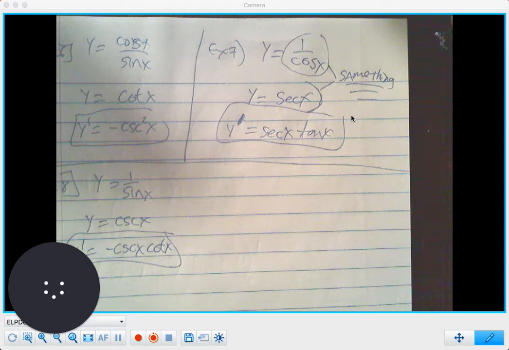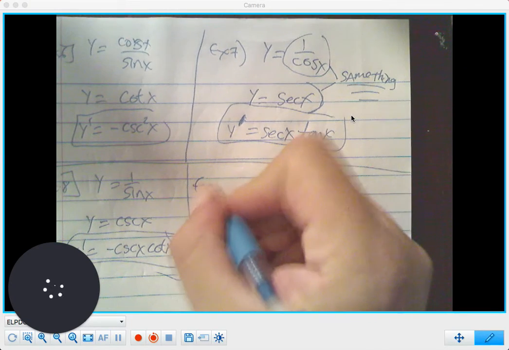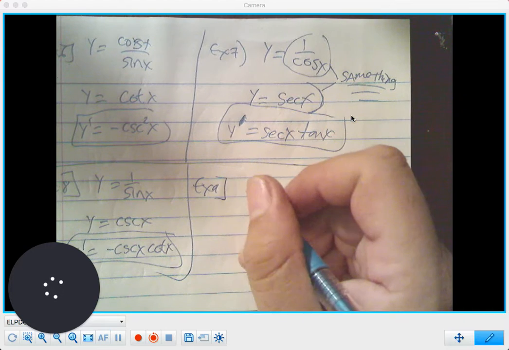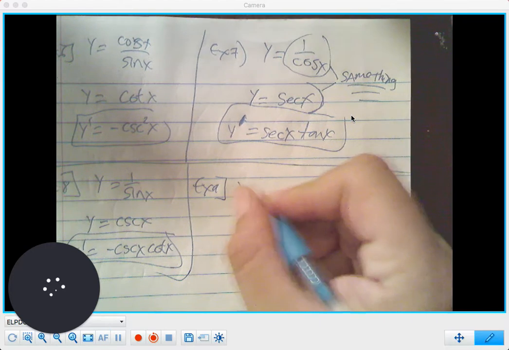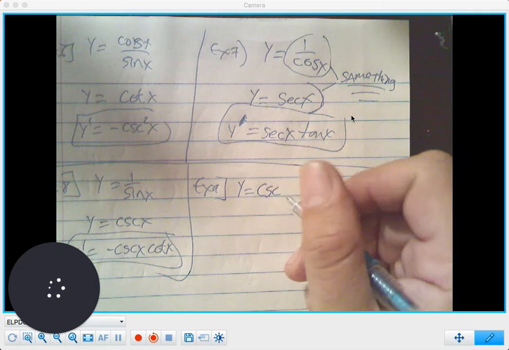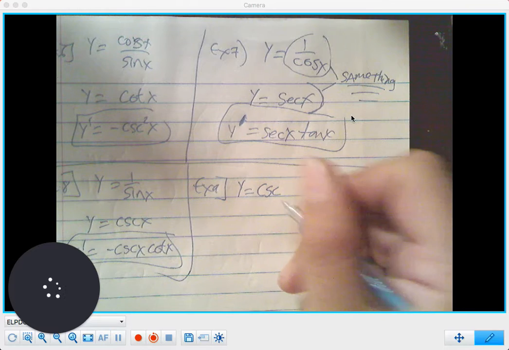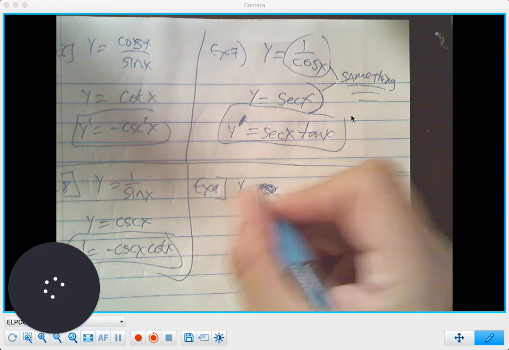But wait, there's more. Oh, here's one. Example 9. This one says find the derivative of y equals cosecant. No, let me do this one later.